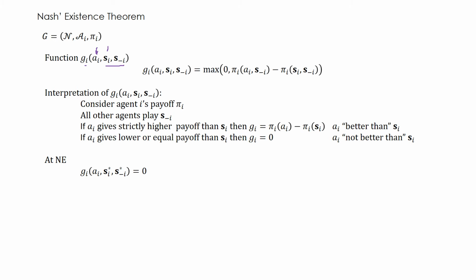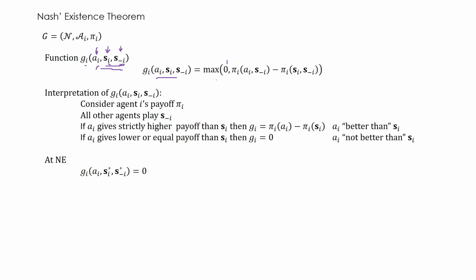So this mixed joint strategy consists of a strategy, a probability distribution over actions of agent i, and likewise for its opposing agents. So this is a complete joint strategy. And this is a pure action of agent i. So we define this function g sub i of this as this.